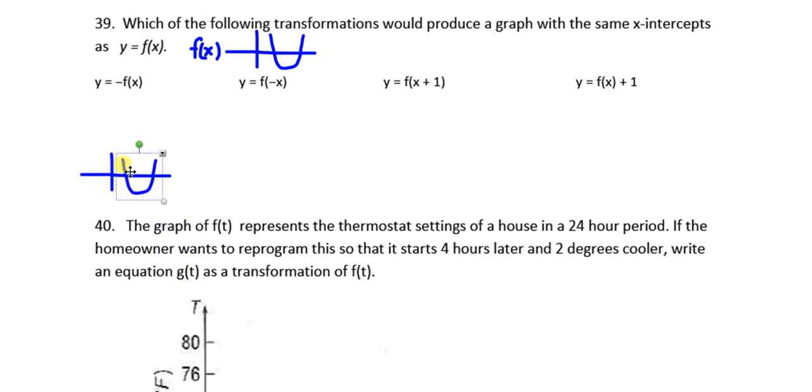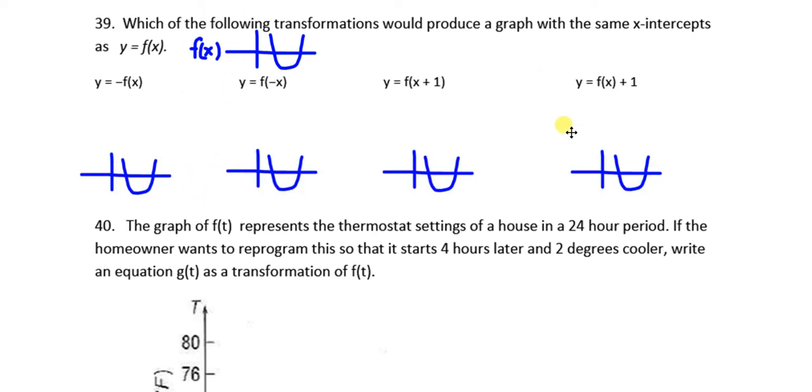Okay, I'm trying to get the same graph. Okay, I just copied that without making you watch me try to do it. Negative f of x is going to flip it over the x-axis. So let's go red. And so this graph is going to flip over, and our x-intercepts are at the same spot. So this one will have the same x-intercepts.